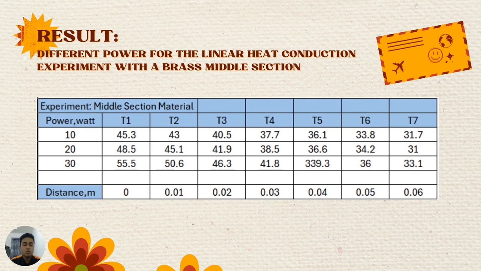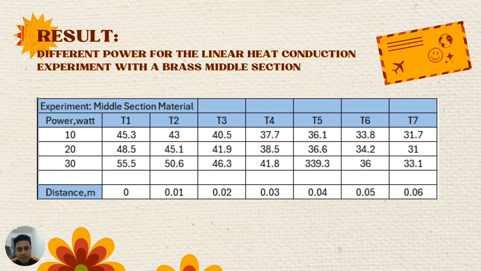From here, the first one is the brass material. We can see we have 8 columns: the power, and T1, T2, T3, T4, T5, T6, and T7. For the power, we give 3 different powers: 10 watts, 20 watts, and 30 watts. For 10 watts, the range from T1 to T7 is 31 to 45, while for 20 watts it is 31 to 48, and the last one, 30 watts, is between 33 to 55.